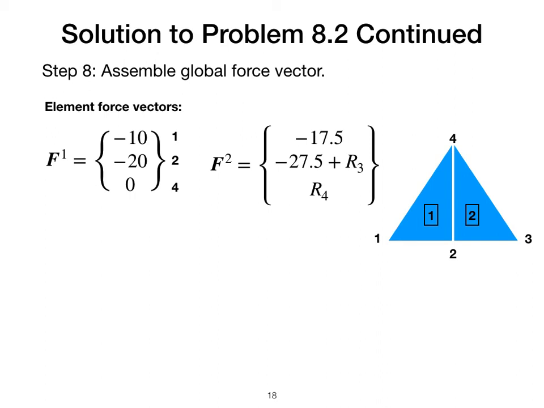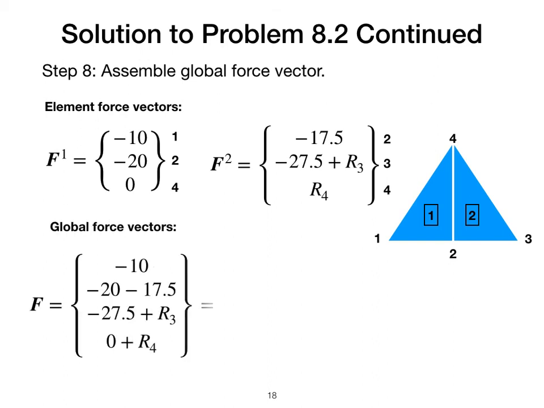From these two element force vectors, we will assemble the global force vector, and for doing that we have to know which degrees of freedom F1 corresponds to, and similarly for F2. So we see that F1 corresponds to global node numbers 1, 2, and 4, while F2 corresponds to global node numbers 2, 3, and 4.